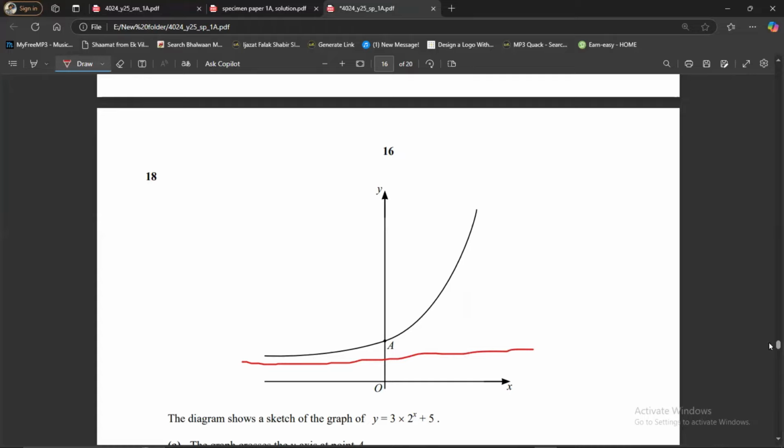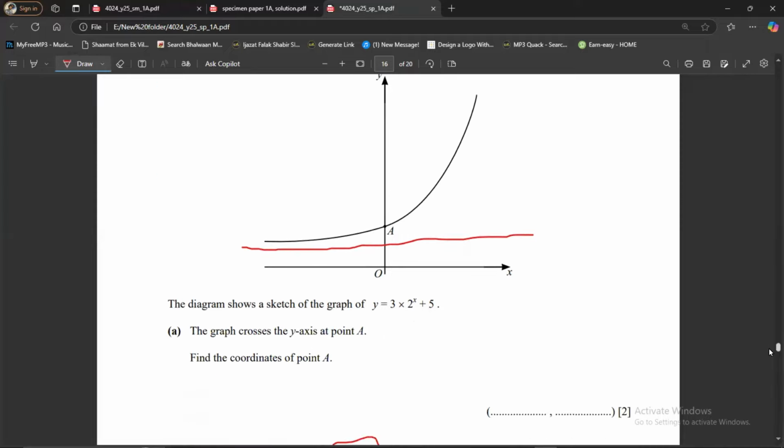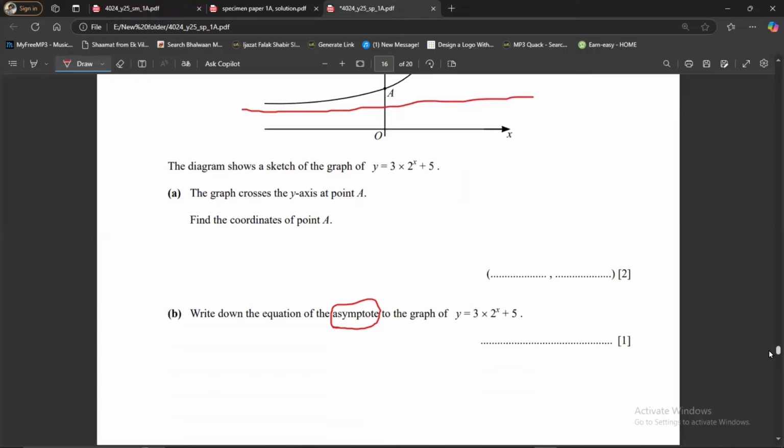How do you find the equation of the asymptote? This is the question. Because this is a horizontal line, in the place of x, I will substitute infinity. It can be positive infinity, it can be negative infinity. I will put negative infinity because here the x values are on the negative side.